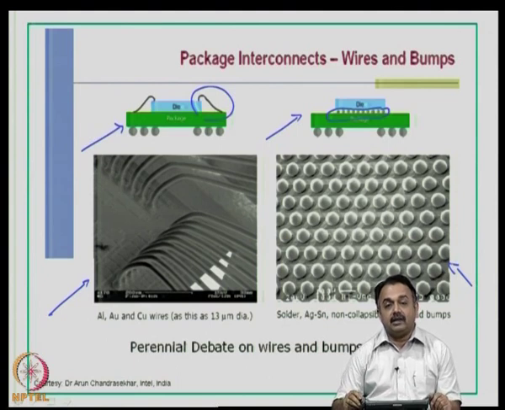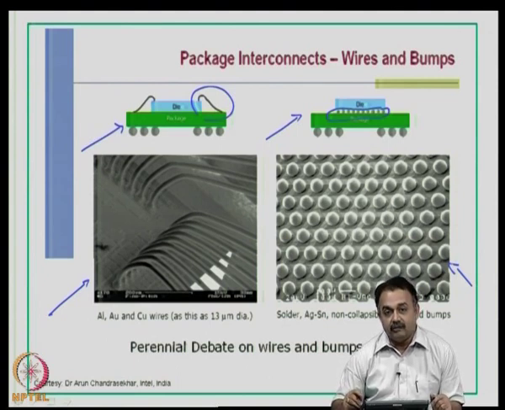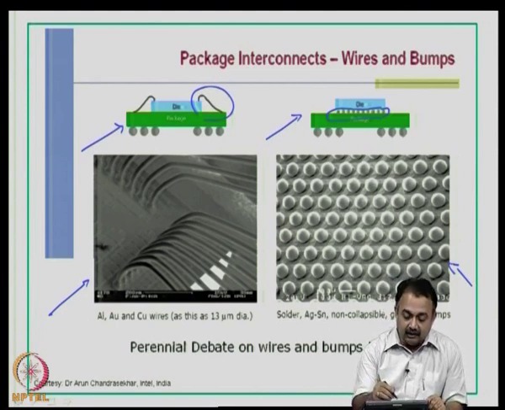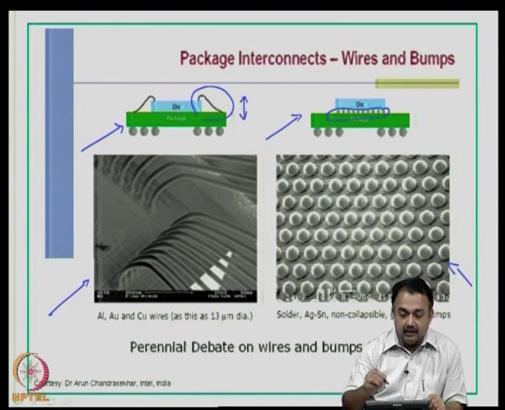So, now the question that many people debate is which is better, whether you need to use wires or bumps. So, wires have been there for a long time, right from the dip package to QFP, but as the size diminishes, using a wire bonding becomes a problem because of the height factor, the profile of the package.